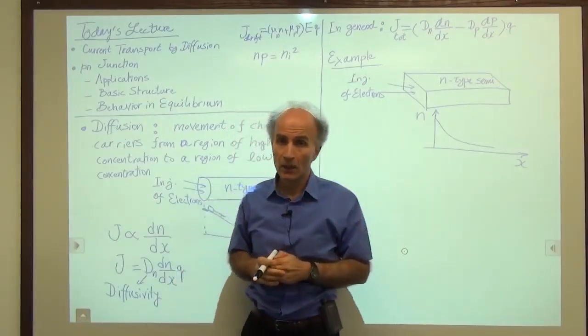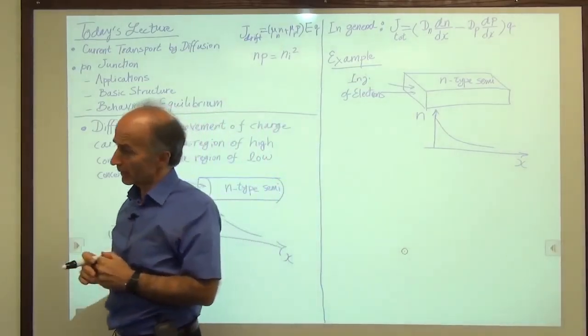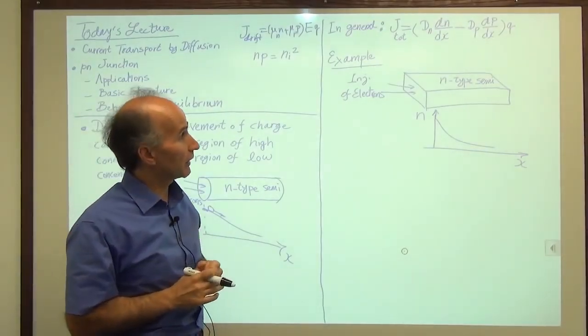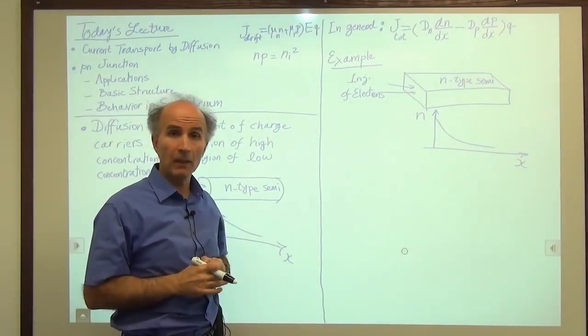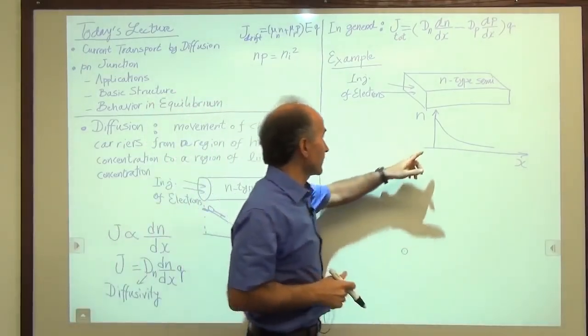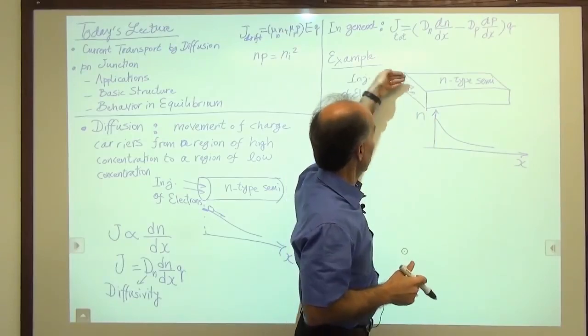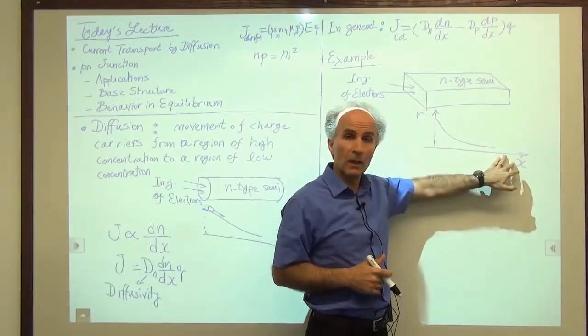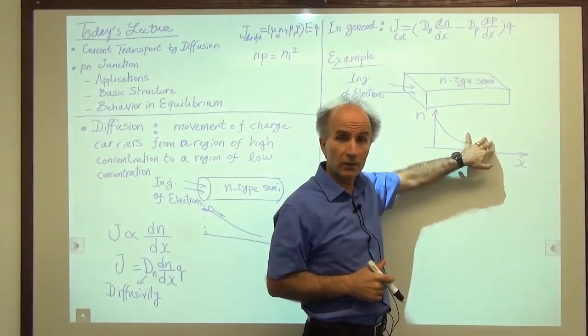All right, now what we would like to do is plot the diffusion current resulting from this concentration gradient. The concentration is not constant. Here we have the highest because we're injecting the electrons right here. And the concentration keeps going down in a nonlinear fashion.